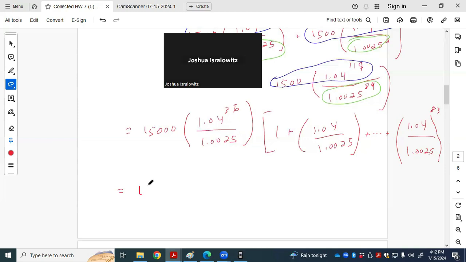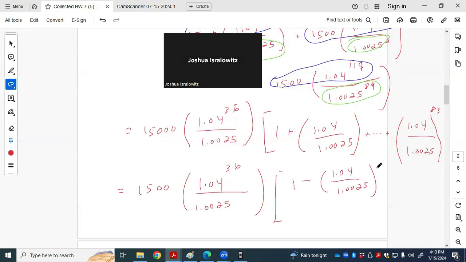All right, so just simply do a geometric series formula. 1 minus, this is my r here. And like in the example, I'll do this on a calculator.